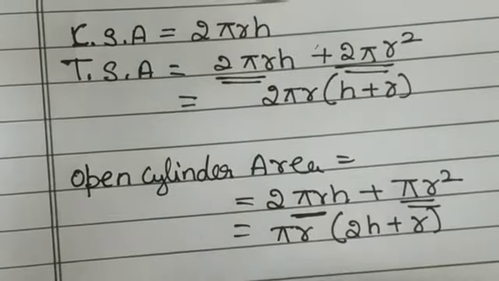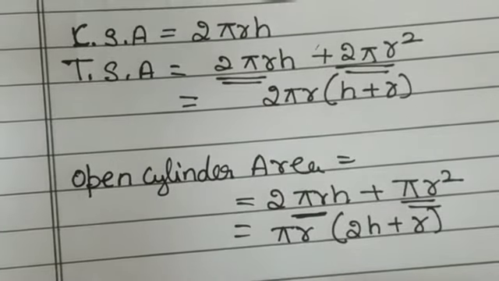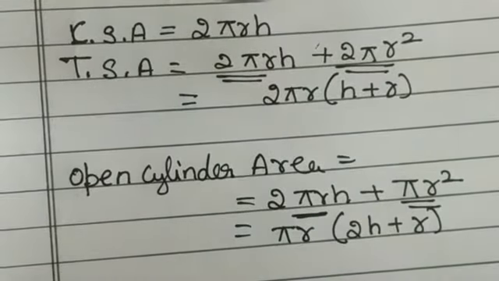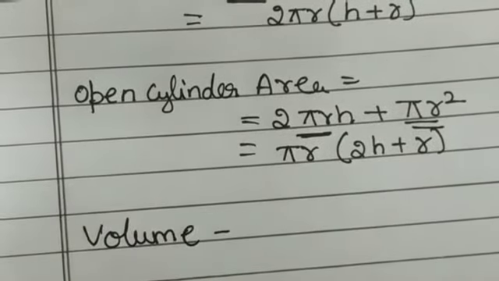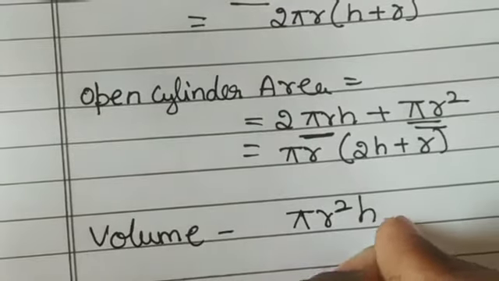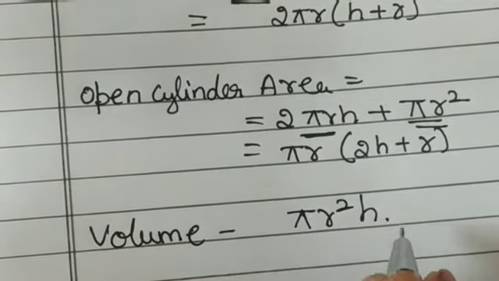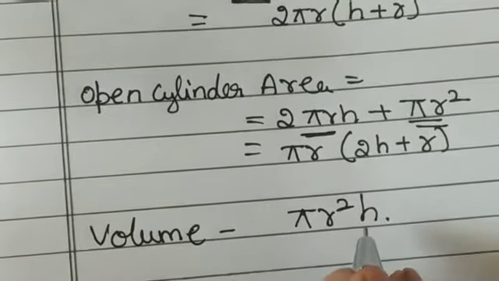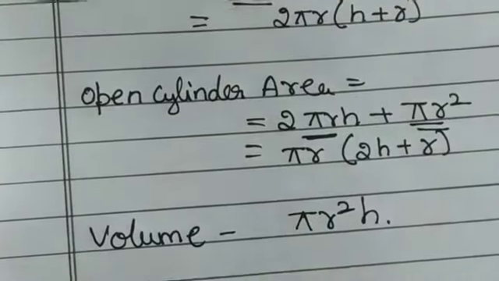Now what is the volume of the cylinder? The volume of the cylinder is pi r square h. We will write pi r square h to find the volume of a cylinder. So now we have finished the cylinder.